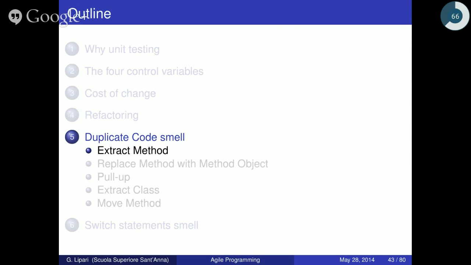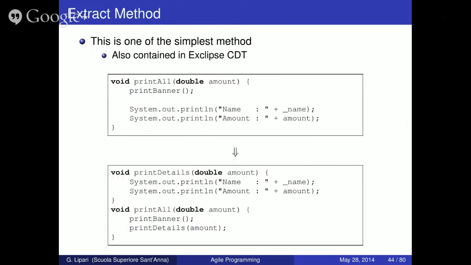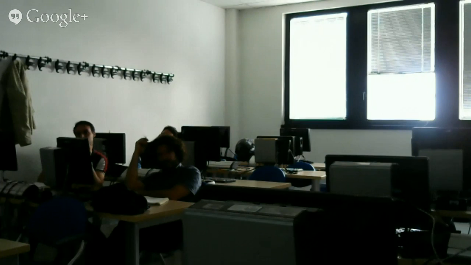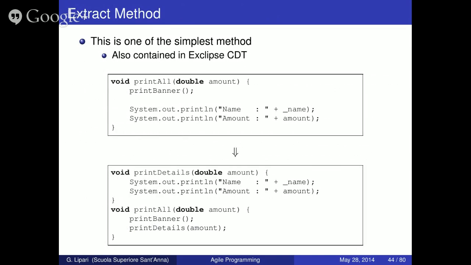So let's look at extract method then. This is contained in Eclipse CDT. Was contained at least. It's a long time I don't use Eclipse, so I don't know. But for some time it was included into Eclipse. It's the simplest refactoring method ever.